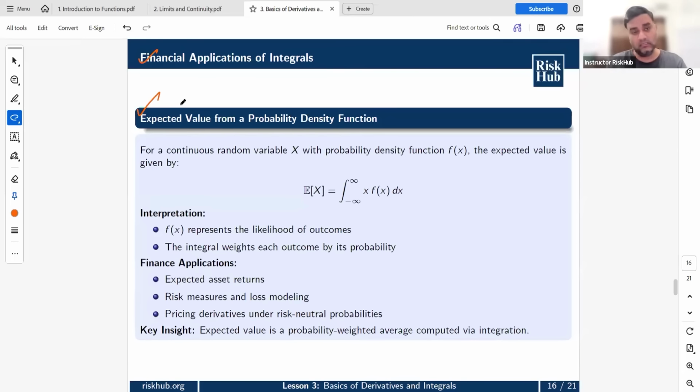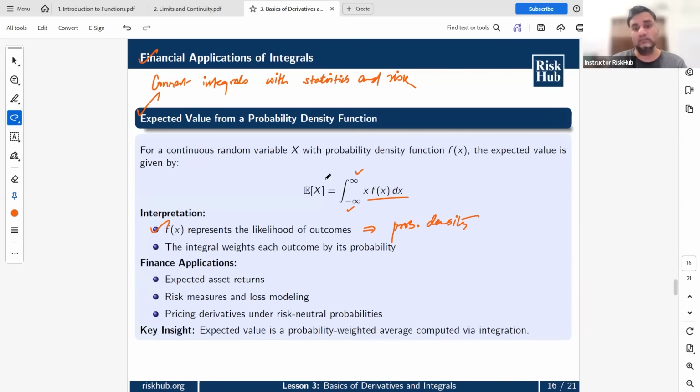Now we are basically connecting integrals with statistics and risk, for a continuous random variable X. The expected value of X is the integral from minus infinity to infinity of x f(x) dx, right? f(x) is your probability density, the likelihood of the outcome.